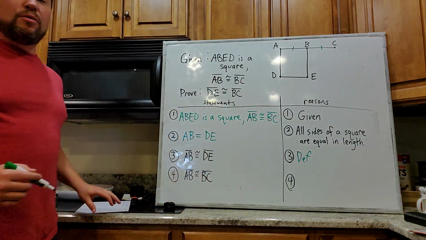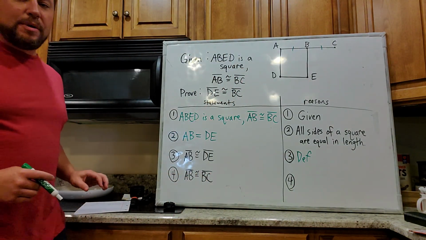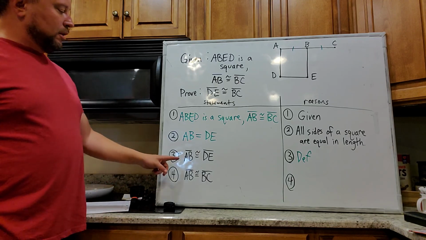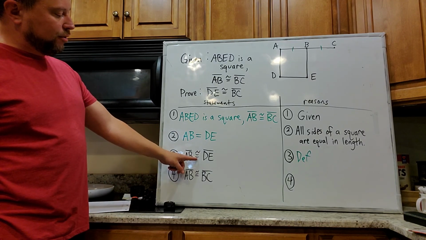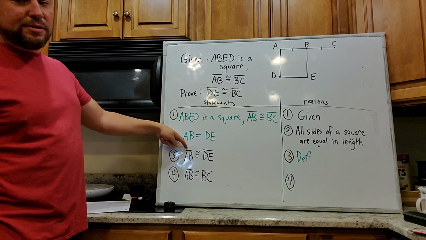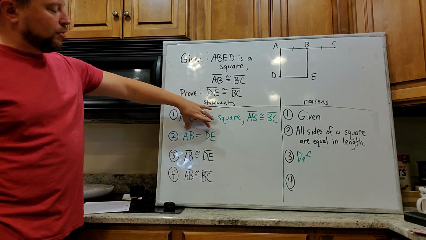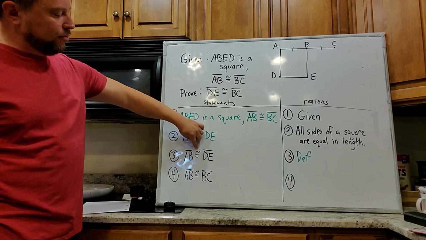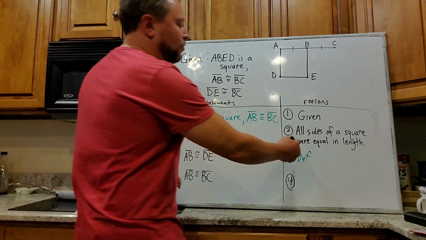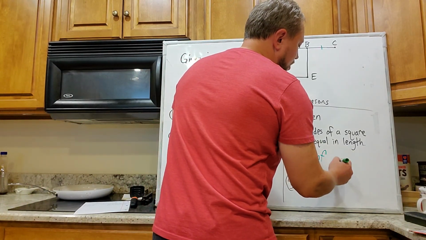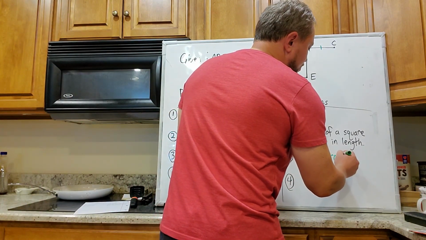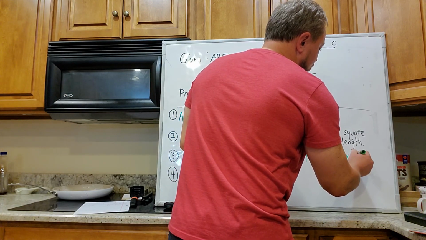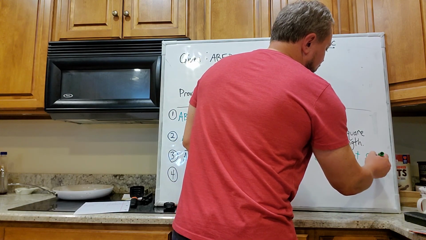Have you figured out what definition I'm talking about? It's the definition of congruent segments. If they're equal in length, then they're congruent. So it's the definition of congruent segments.